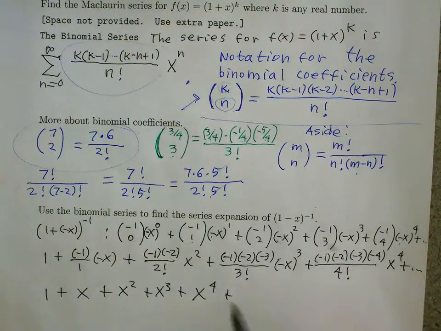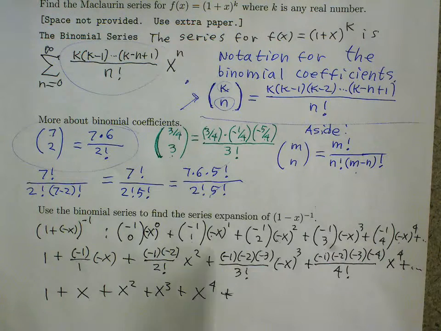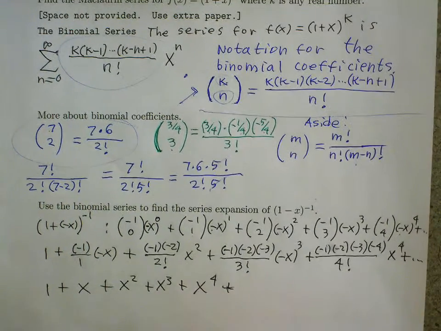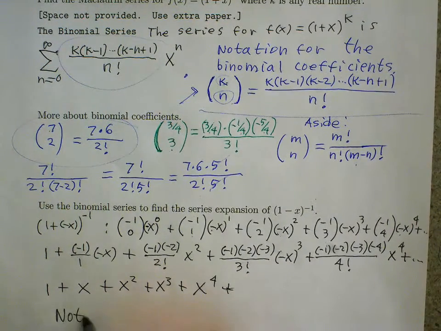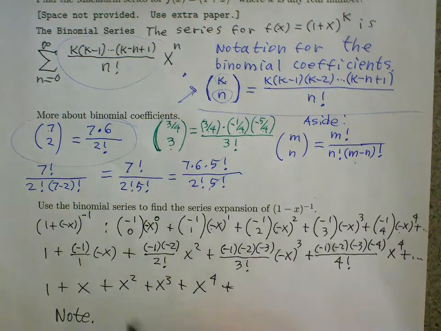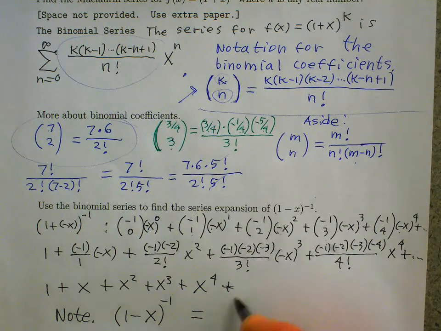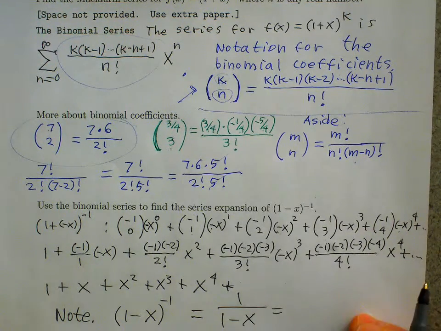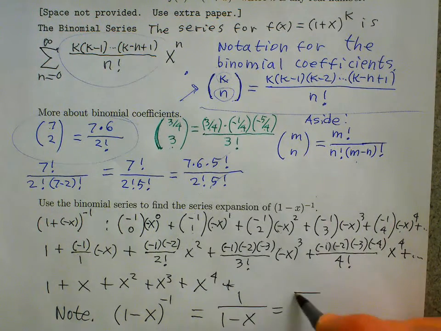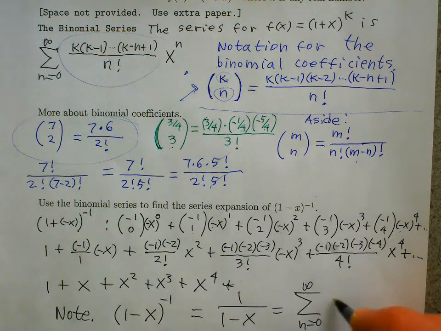But this is an alternative way to find the series using the binomial series. So that's what we did. 1 minus x to the negative 1 is the same as 1 over 1 minus x, which is just the series from n equals 0 to infinity of x to the n.